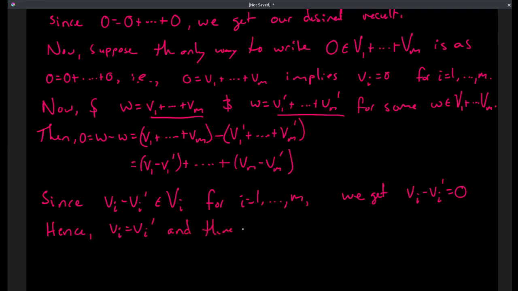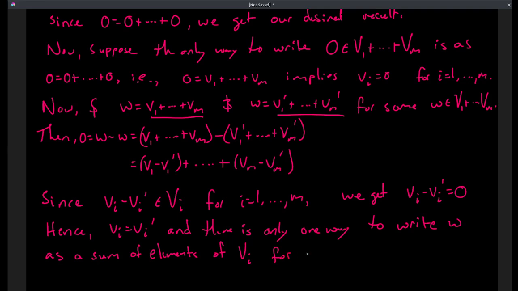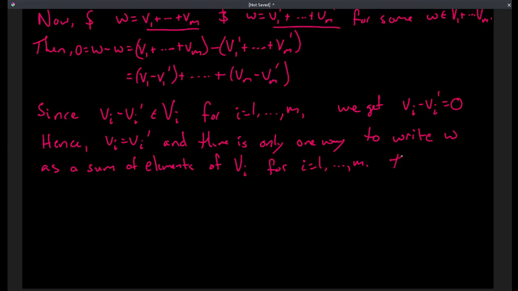And there is only one way to write W as a sum of elements of Vi for i equal to 1 up through m. That is, V1 plus through Vm is direct. Cool. Easy enough. We just proved that result.